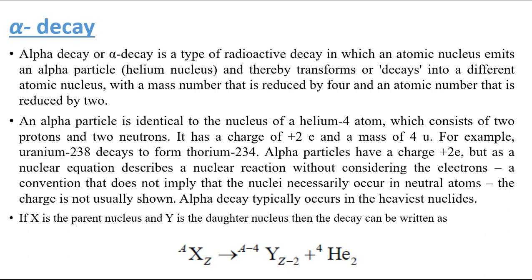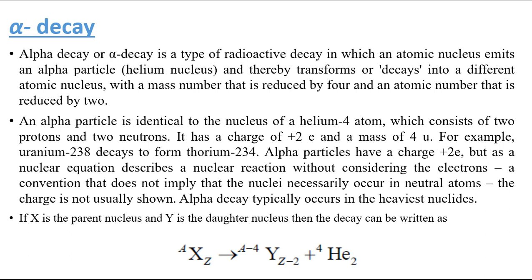X is a heavy nucleus which converts into a daughter nucleus, which is also heavy, and the alpha particle is light as compared to Y. So the Q value, or the emitted energy, will be shared by the Y daughter nucleus and the helium nucleus. Due to the lightness of the helium nucleus, most of the energy will be carried by it, about 98% or 99%.